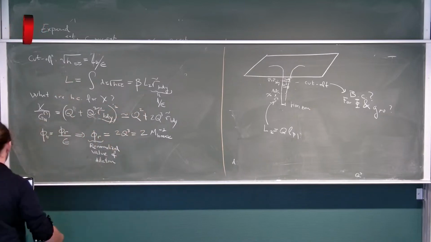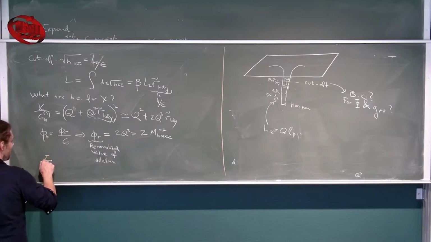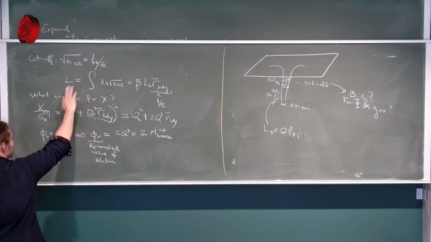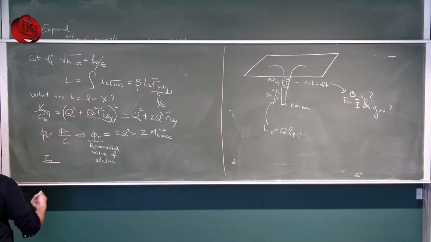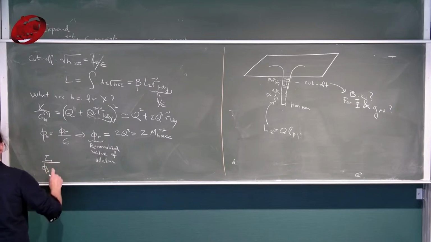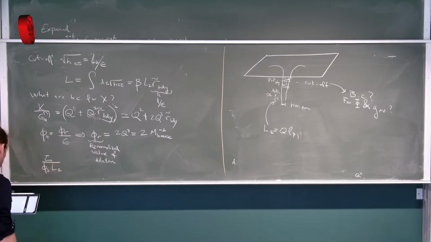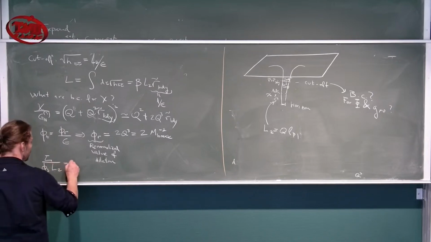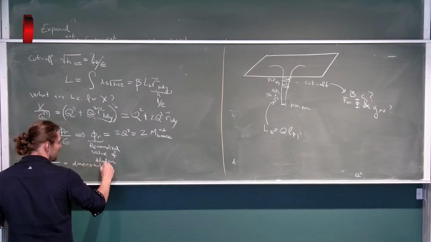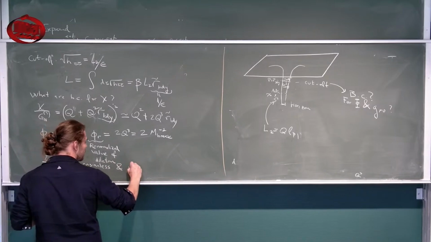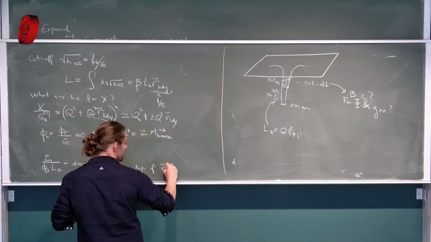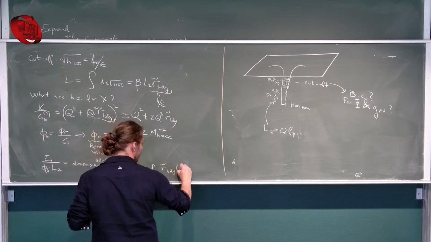Well, that combination is obvious. If I try to form a dimensionless combination out of these two values of the fields at the boundary, the only possible thing that I can write is L over phi b divided by L2. So this is dimensionless and independent of the cutoff, so of R tilde boundary or epsilon.